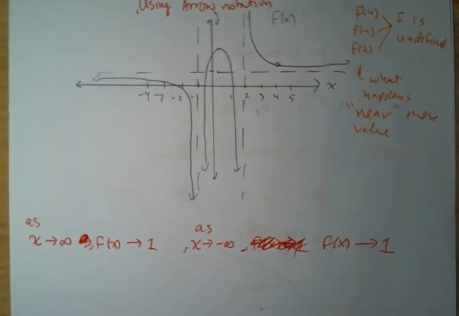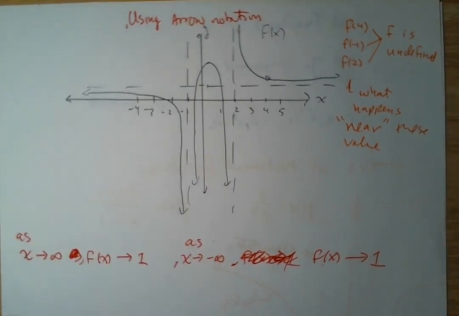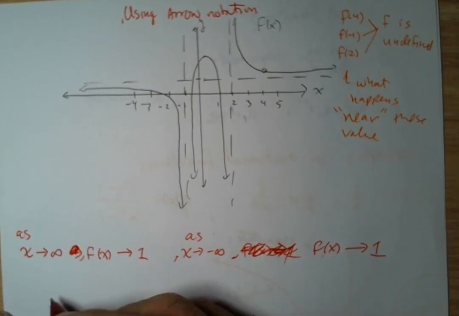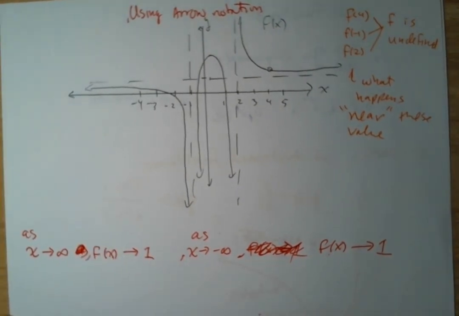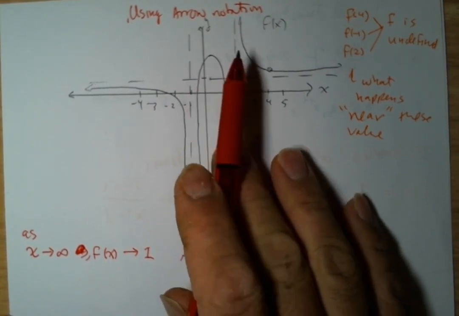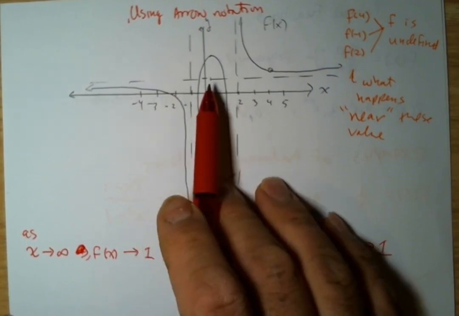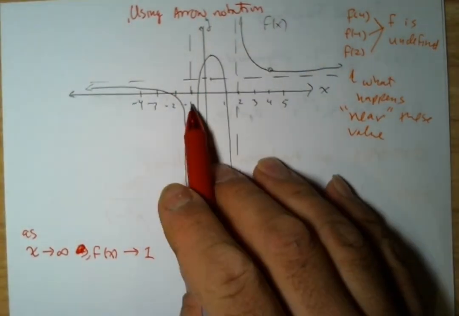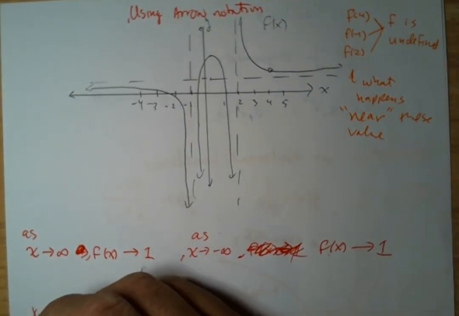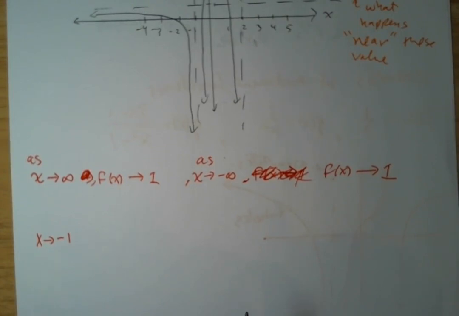So now let's look at our vertical asymptotes. How are we going to describe those? What I'm going to use is this notation where I look at what happens on what I'm going to call the right side and the left side of my values. So for instance, here, as x approaches -1, I'm going to be very specific. I want to specify, from which side am I coming?